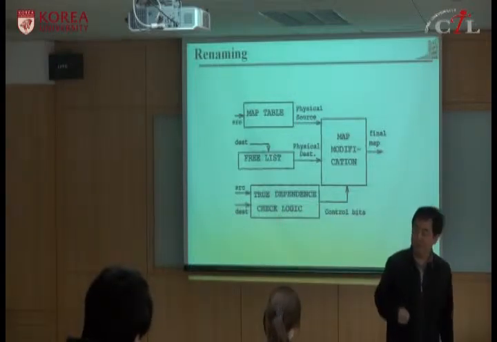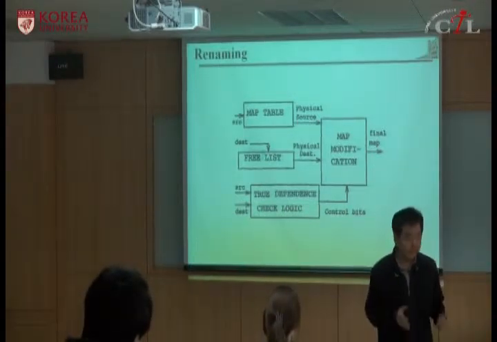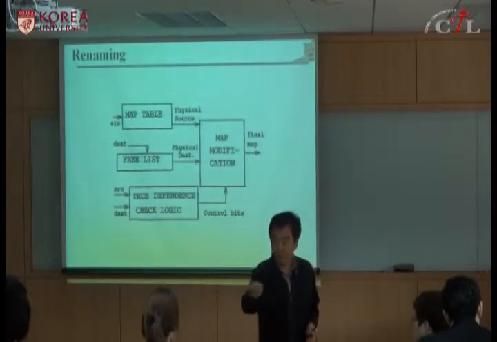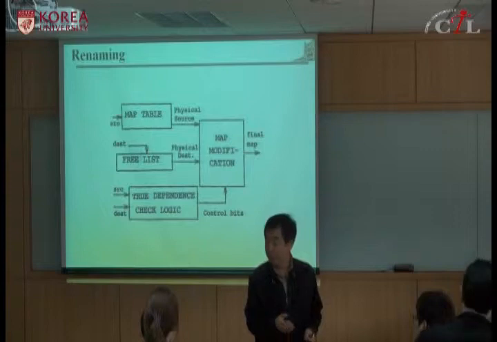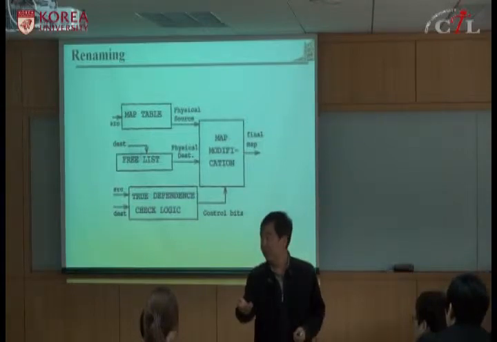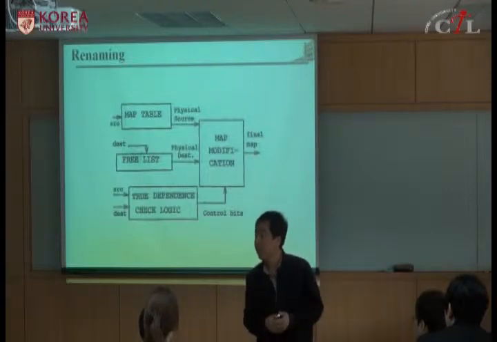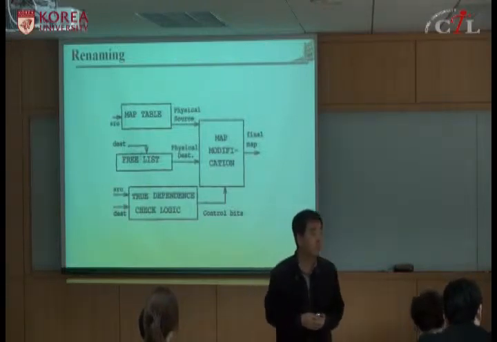Every time you write, you are giving a new register and you maintain this mapping in the table. And if somebody is trying to read, then you look up the map table and let him know that you have to use this number, because I allocated this physical register before. Okay, that's the function of the map table.